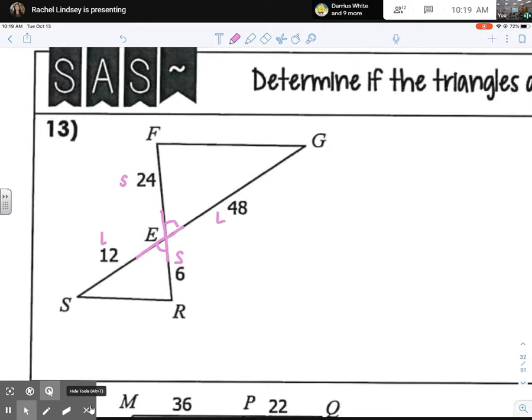So you can either do top triangle over bottom triangle, or bottom over top, just as long as you keep it consistent. So I'm going to do top over bottom. So 24 and 48 are going to be on the top of my proportion, and then 6 and 12 will be on the bottom.